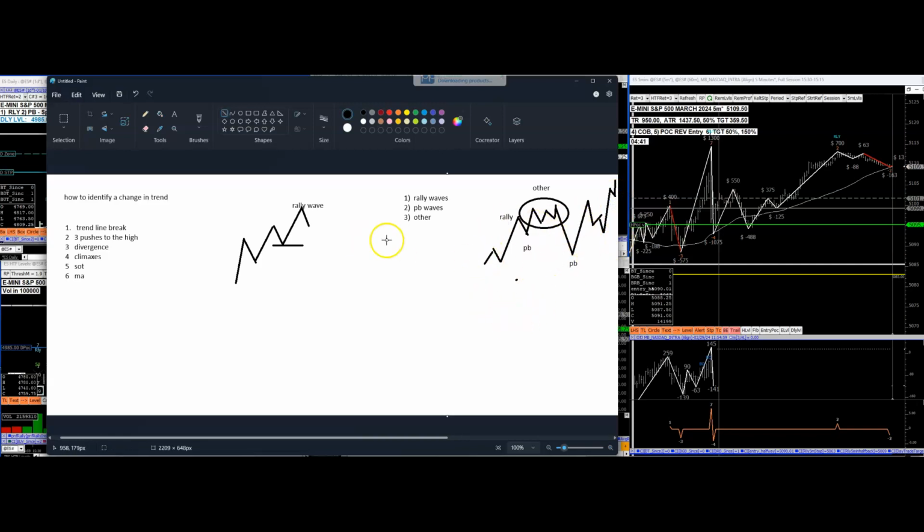So you have to be able to identify the rally waves.